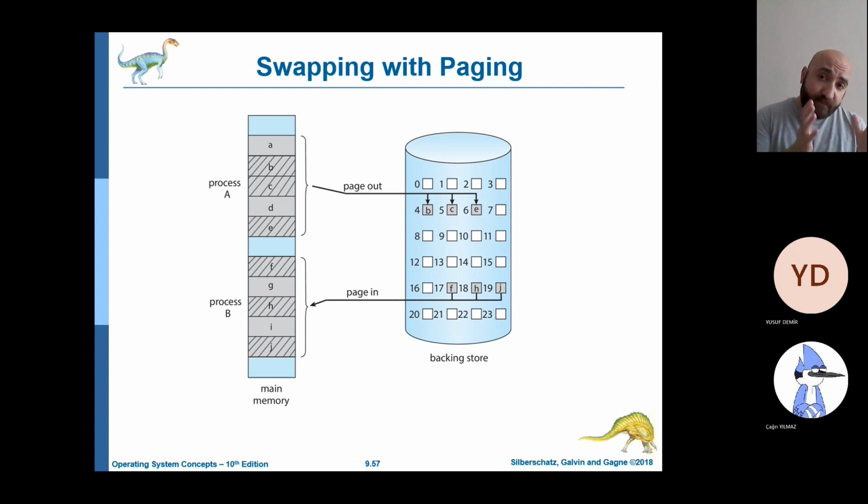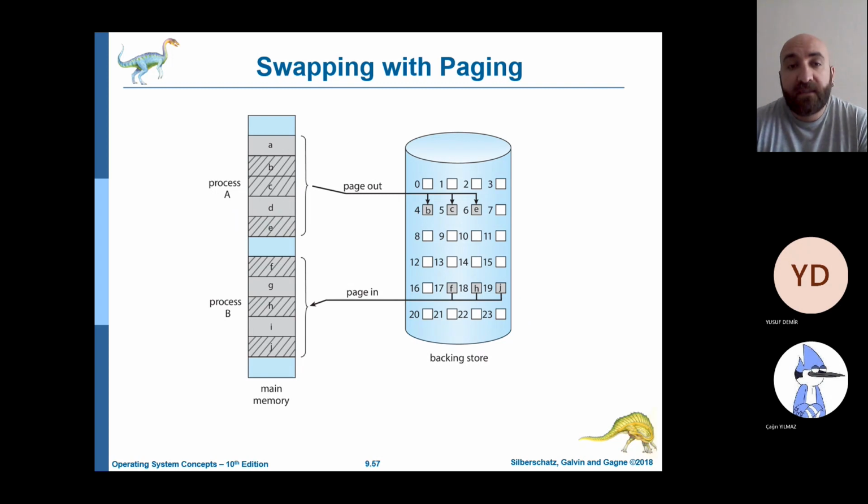Instead of swapping out or swapping in the entire process, we can use the swapping scheme with paging. Most systems, including Linux and Windows, now use a variation of swapping in which pages of a process, rather than an entire process, can be swapped.